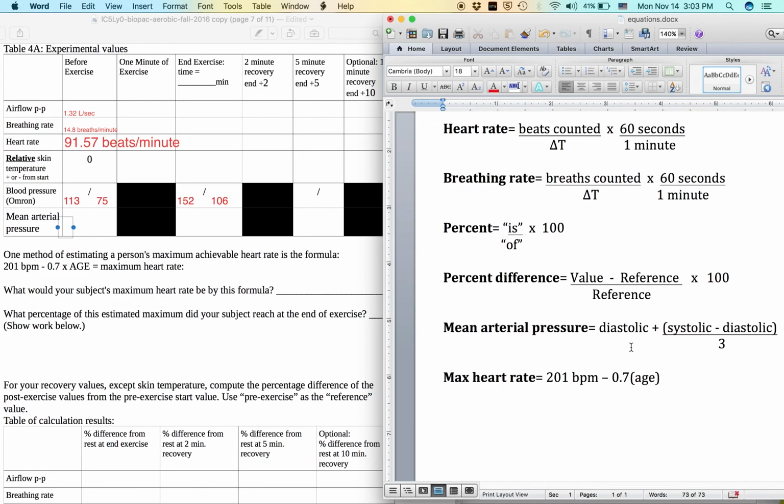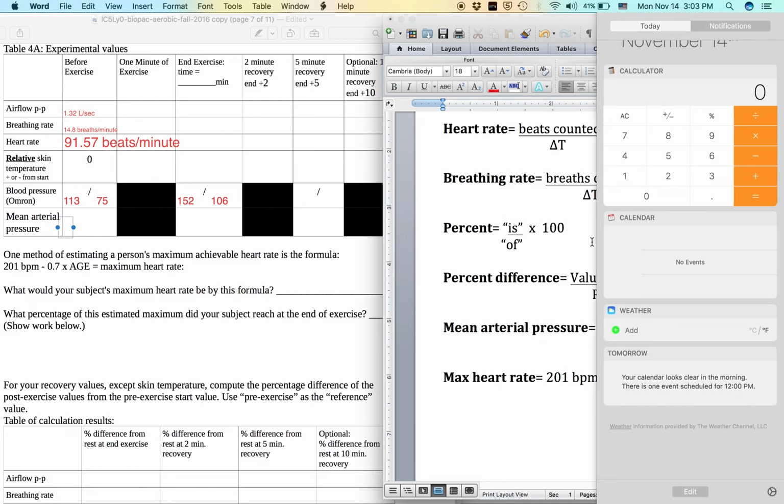What we're going to do is diastolic plus systolic minus diastolic divided by 3. So we're going to do all of these operations first and then add the diastolic value to that. So we have 113 minus 75, systolic minus diastolic, equals 38, divided by 3, or times 1/3, is 12.67.